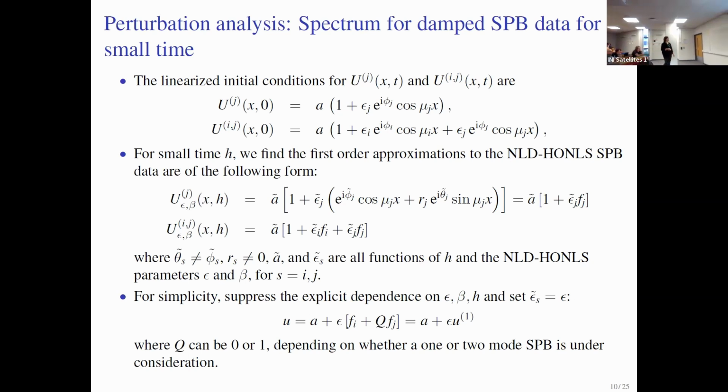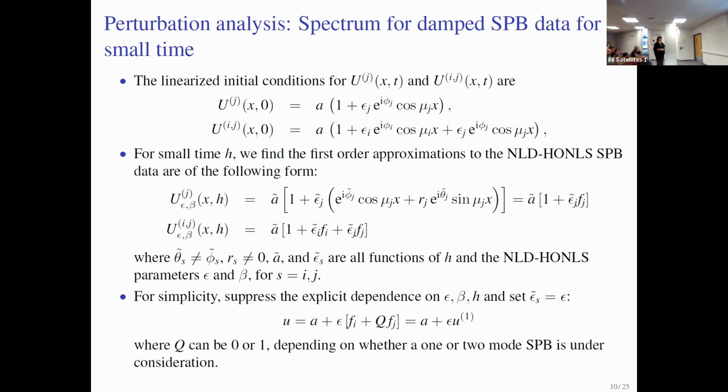And so what we do is we start out by linearizing the initial conditions for the one mode and two mode SPBs. This is the form of your basic one mode and two mode SPB at t equals 0. Then for small time, we do a first order approximation to the nonlinear damped higher order NLS SPB data, and it's of this form.